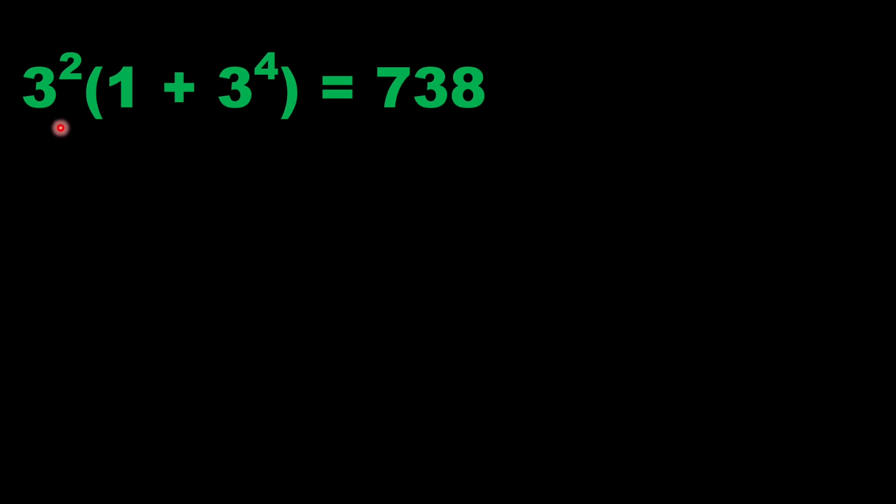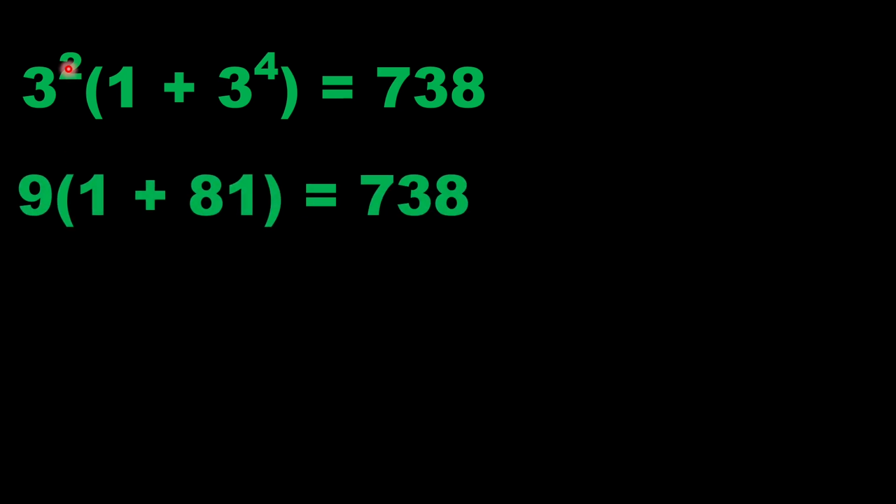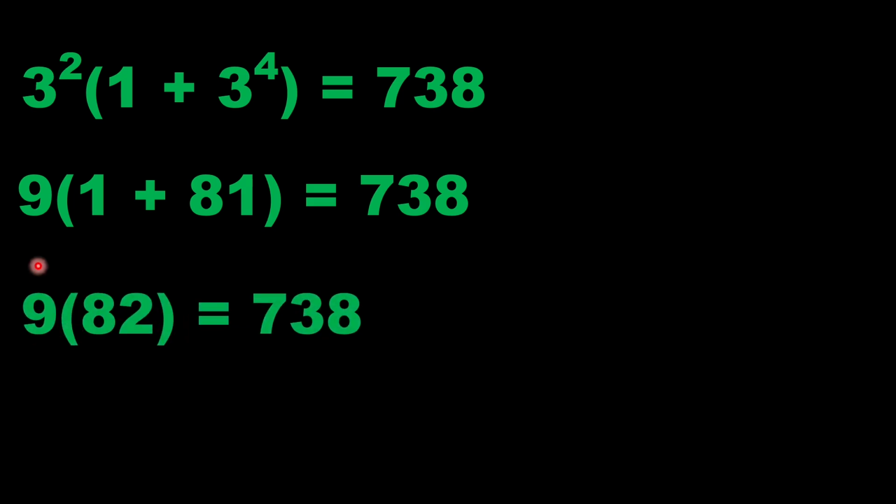Now this 3 raised to the power of 2, that is 3 square, equals 9, and this 3 raised to the power of 4 is 81, as I told earlier. So 1 plus 81 equals 82, into 9.